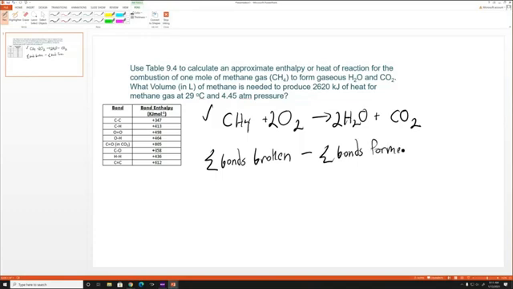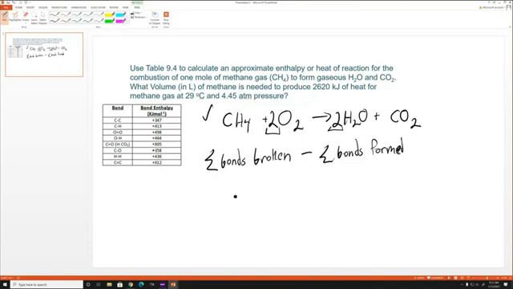This is how you calculate the enthalpy of formation for a reaction using the bond enthalpies, and this is in kilojoules per mole. So we can do the bonds broken, which is the reactants, minus the bonds formed, which are the products. And this is why it was important to know our Lewis structures and to balance the equation, because in order to find the correct answer, we need to know our coefficients of how many bonds are broken and how many bonds are formed.